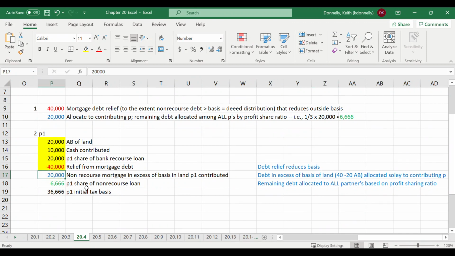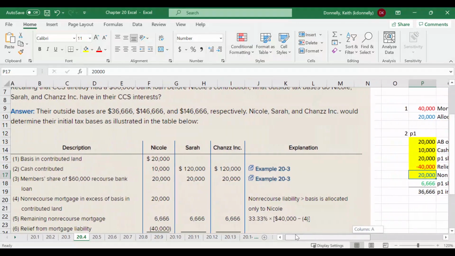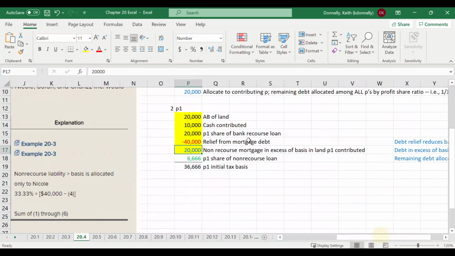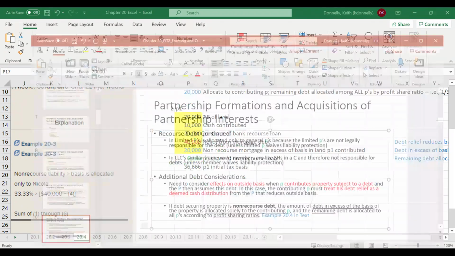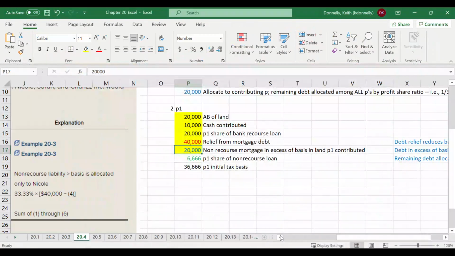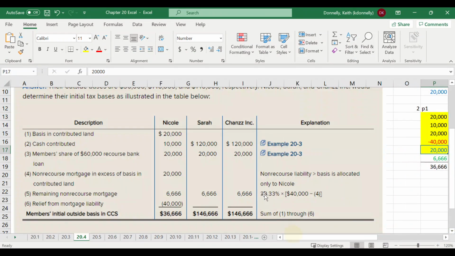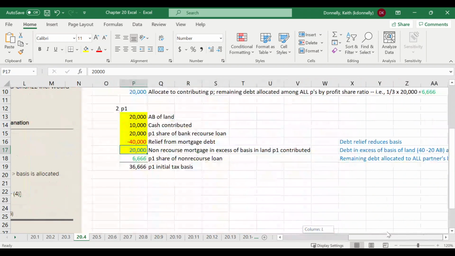So the debt in excess of that, the 20,000, that's allocated just to the partner who contributed the land. However, there's still the remaining, in this case, $20,000. So we have 40,000 here that we looked at. $20,000 we have specifically assigned to the first partner. We have a remaining $20,000 we have to allocate. We do this by the profit sharing ratios. So in this case, it looks like the profit sharing ratios are going to be 1/3 each. So that's how you get that here.